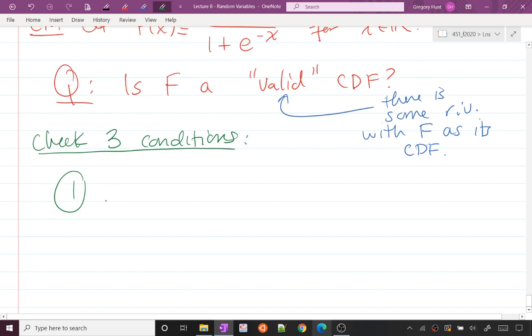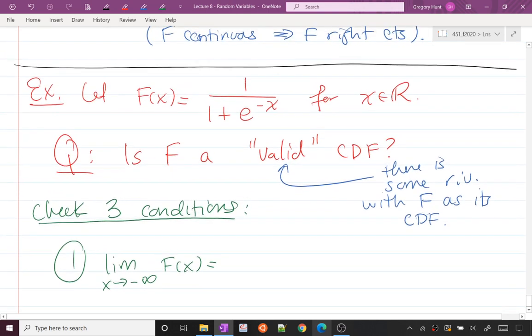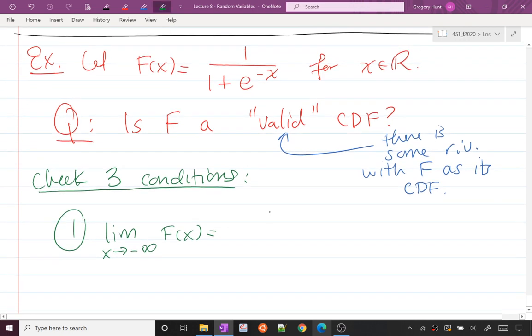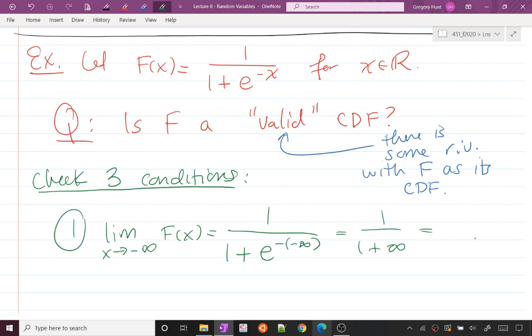One, the limit as x goes to negative infinity is what? Well, we kind of cheat here. If we send x to negative infinity, this is like 1 over 1 plus e to the infinity. So it looks like 1 over 1 plus infinity. This is kind of just good enough for this course, but you have to actually justify this in an analysis.